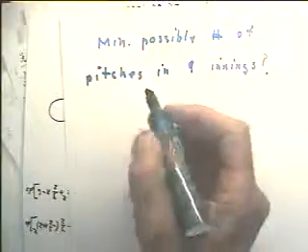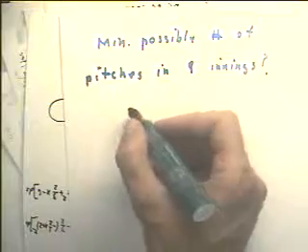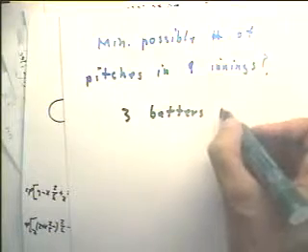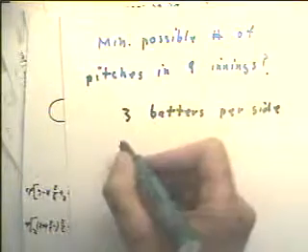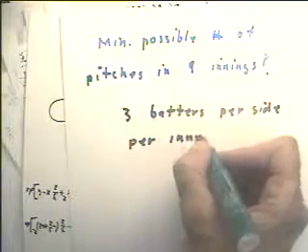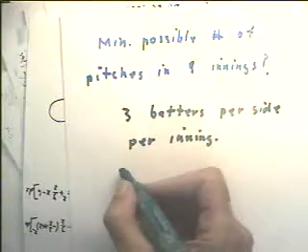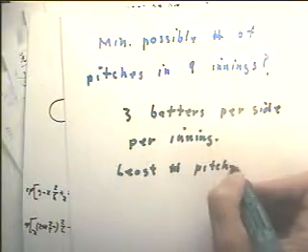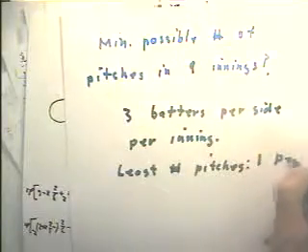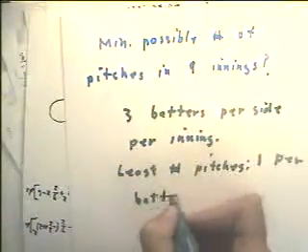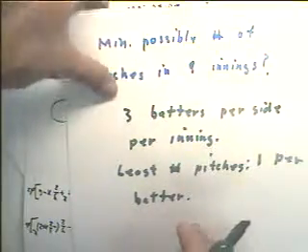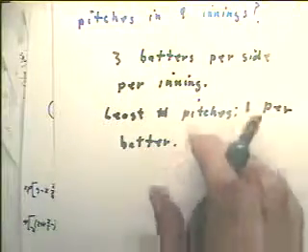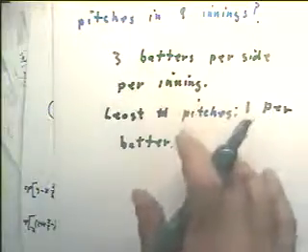Okay? So we could say, okay, plan, well, 3 batters per side per inning, least number of pitches, 1 per batter. And of course, to be out, the batter just about has to hit the ball, and unless you have a really easy pitcher, that's not likely to happen on 1 pitch with every batter, but this is at least possible.